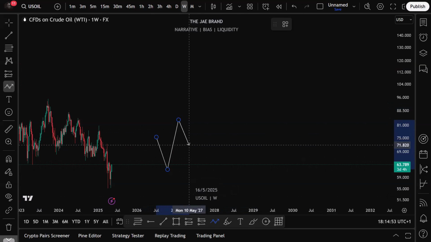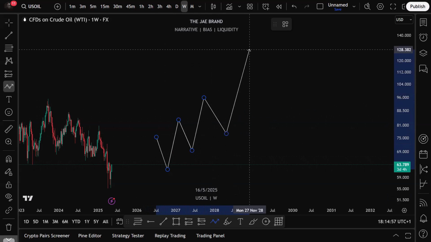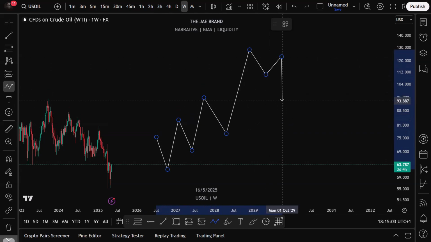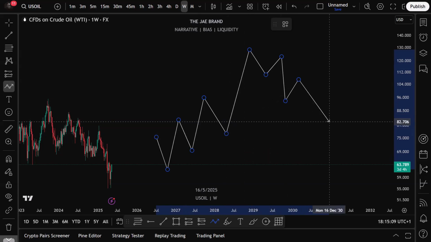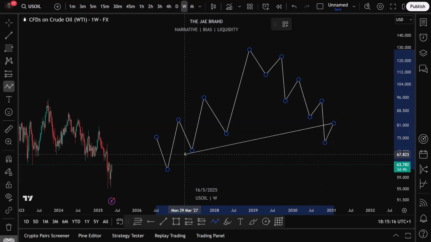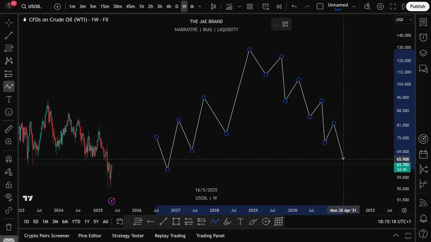We have the basic market structure to the upside, and all of a sudden price started retracing. Price is supposed to respect this demand zone on the weekly time frame, but what happened? Price took it off, and price kept coming down, took this same demand zone off.